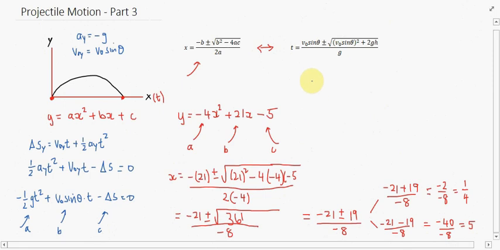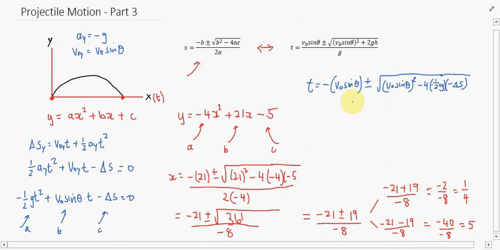So it would look something like this. t is equal to minus whatever the b value would be, which is v sub naught sine theta, plus or minus the square root of v sub naught sine theta squared minus 4 times a, which in this case is negative 1/2 g, and the c is equal to negative delta s.